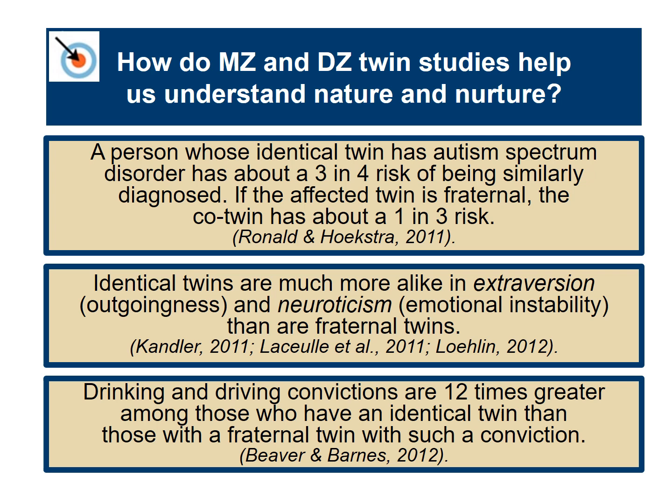So how do MZ and DZ twin studies help us understand nature and nurture? Cool stuff. A person whose identical twin has autism spectrum disorder has about a 3 in 4 risk of being similarly diagnosed. If the affected twin is fraternal, the co-twin has about a 1 in 3 risk. So ask yourself, is the risk higher or lower with monozygotic compared to dizygotic?